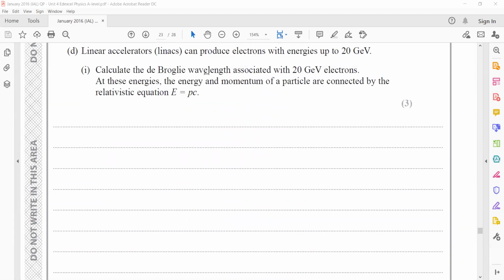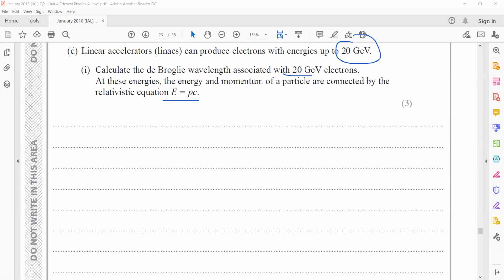In the next part, they're saying the linear accelerator can produce an electron with energy up to 60 giga electron volt. So this is the energy which is released, about 60 giga electron volt. Calculate the de Broglie wavelength associated with a 60 giga electron volt electron, and at these energies, the energy and the momentum of the particle are connected by the equation E equals Pc.